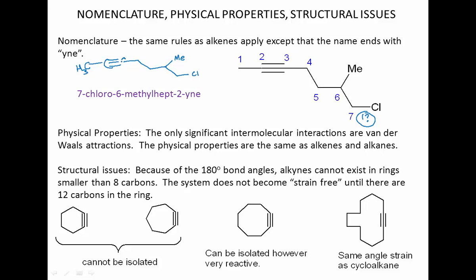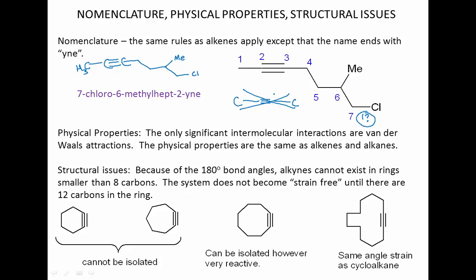This is a carbon, and this is a carbon. Some people think that this is the way that we show an alkyne. It's not correct. If you look at carbons 1 through 4, that's 4 carbons, not 2 carbons. So just get accustomed to seeing this type of picture here.